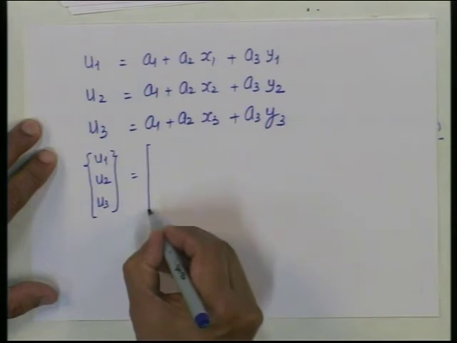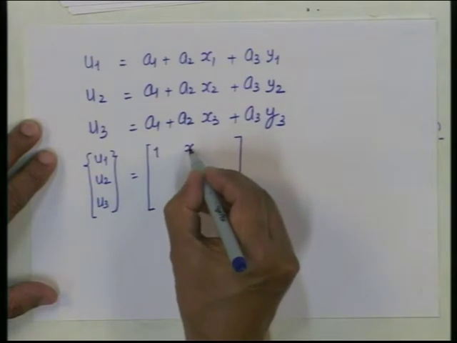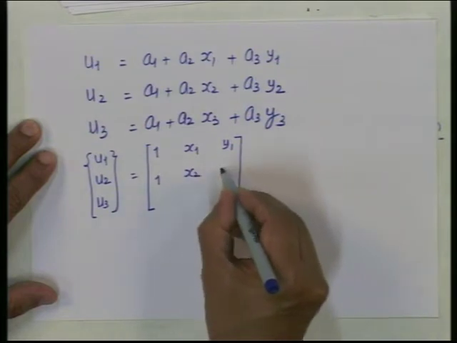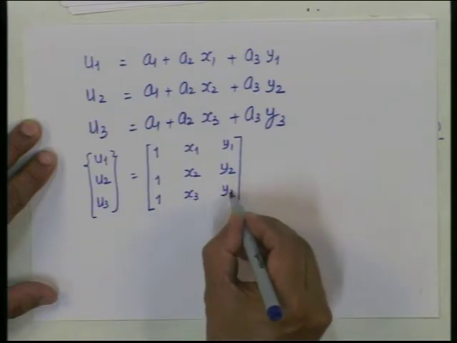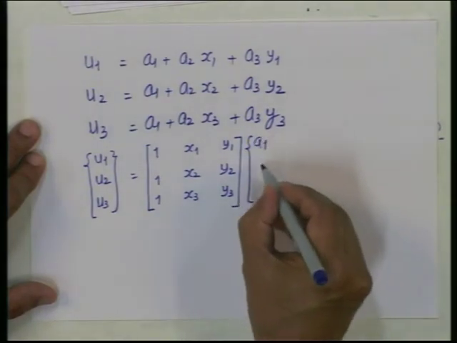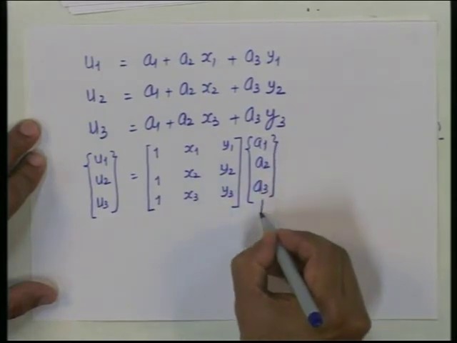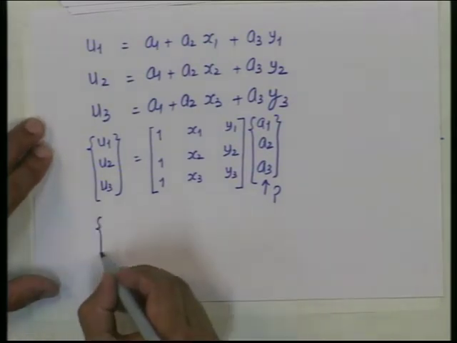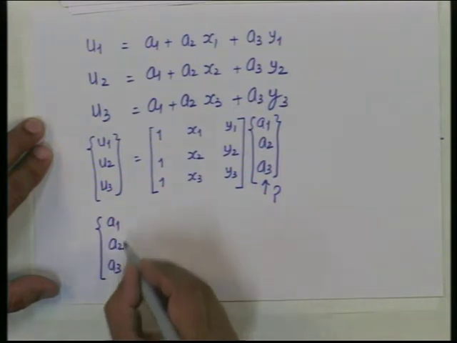Then there is this matrix: 1 x1 y1, 1 x2 y2, 1 x3 y3, multiplied by a1, a2, a3. There is nothing in the derivation if you follow it systematically.